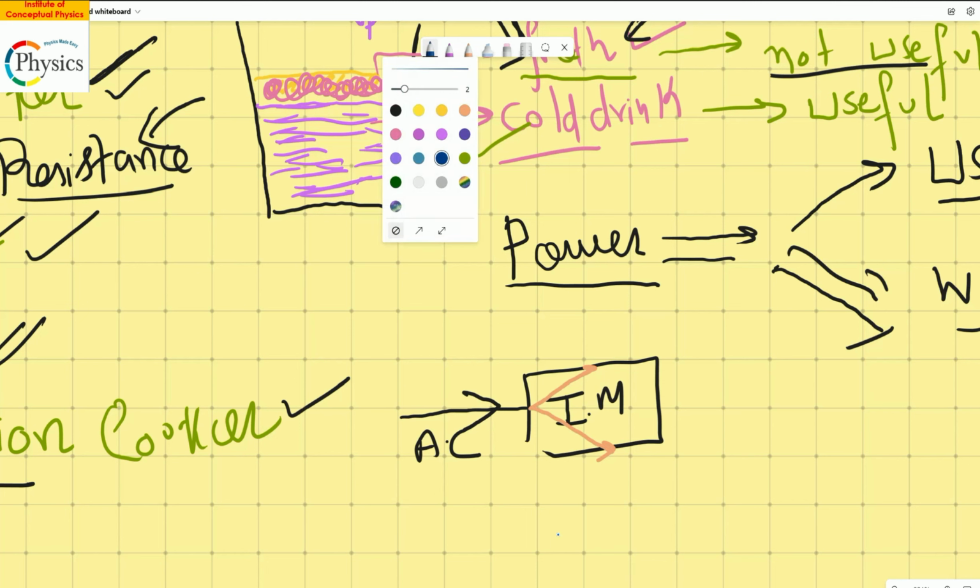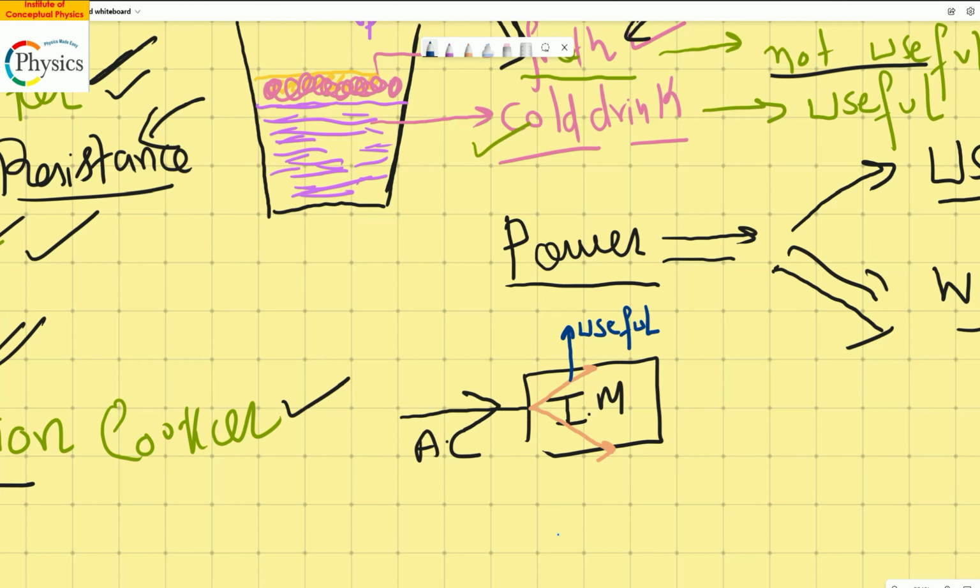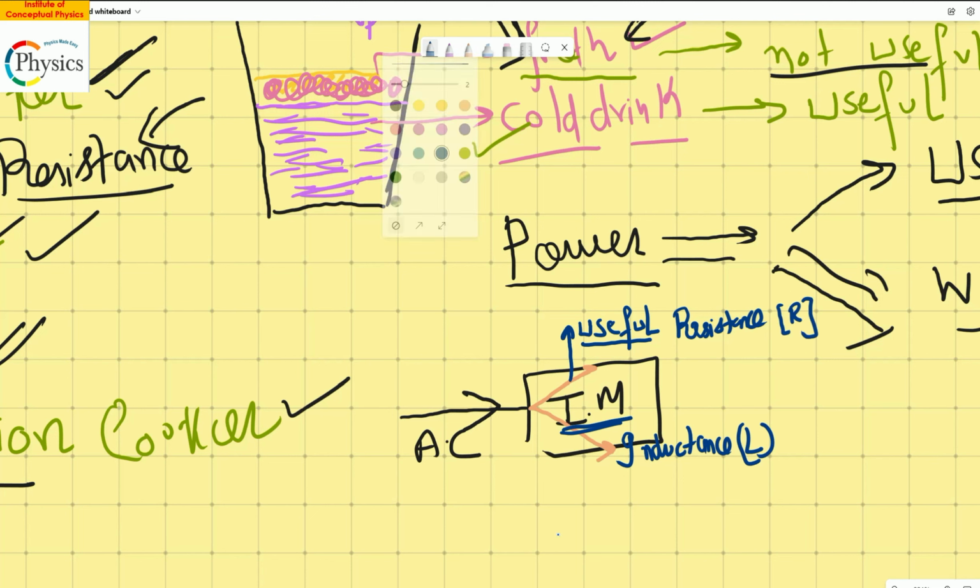This is part number one, which is useful. The useful part is the resistor part. So the induction motor has two parts. It is made up of resistance, R, and the second part it is made up of is inductance, L. So this is the division of power.